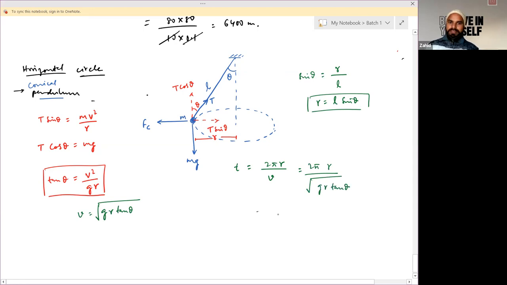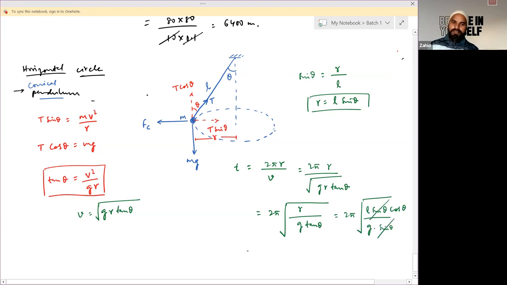We may write it as 2 pi root, this will become r square, so it will be r over g tan theta. Put the value of r to be L sin theta and simplify it. L sin theta divided by g, and we may write tan theta as sin theta divided by cos theta. So this term and this term will cancel out. So you will be left with time period equals to 2 pi root L cos theta divided by gravity.